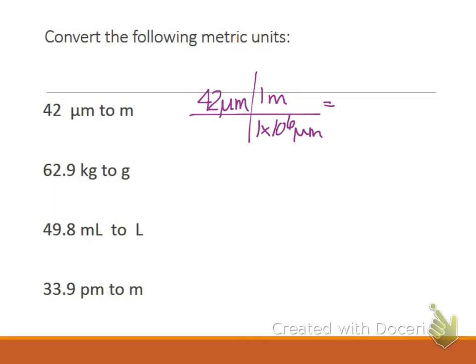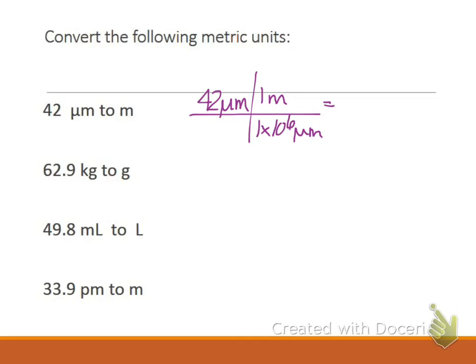So we do 42, and then we divide by 1 times 10 to the 6. It should be a small number.